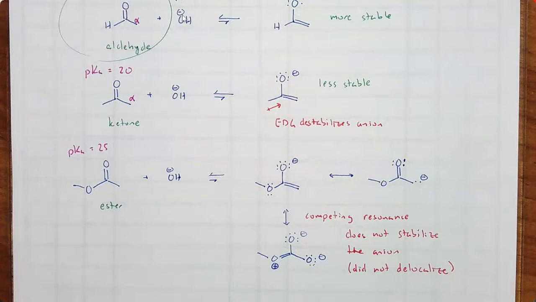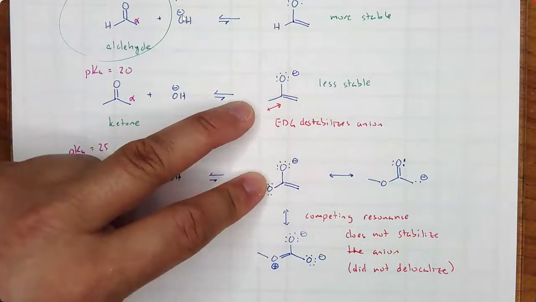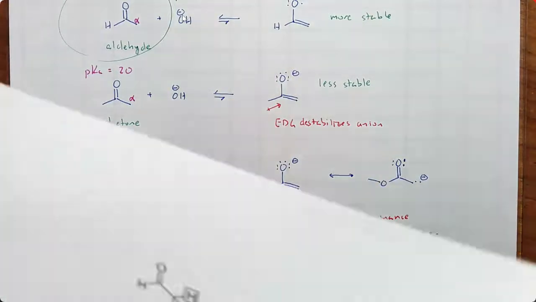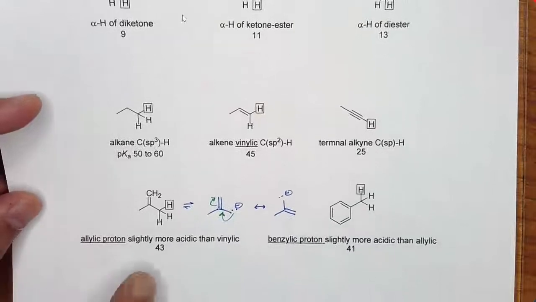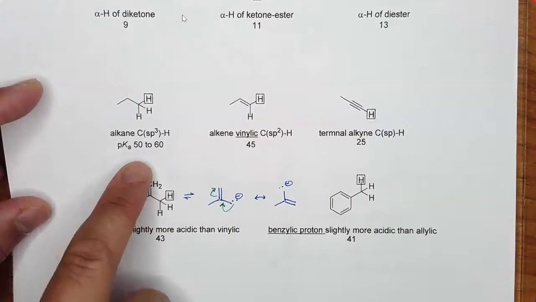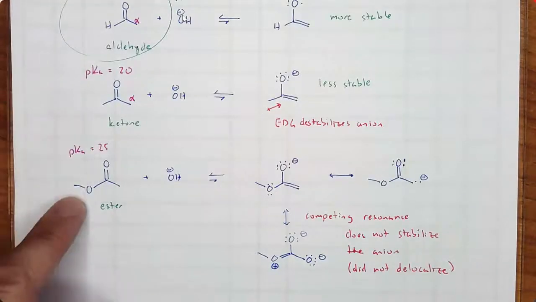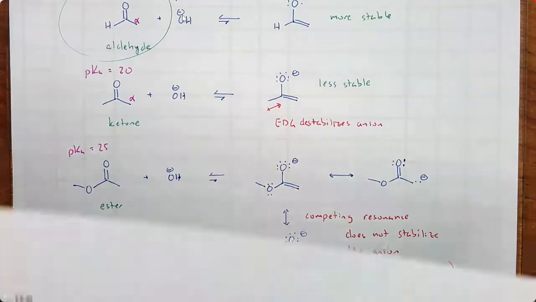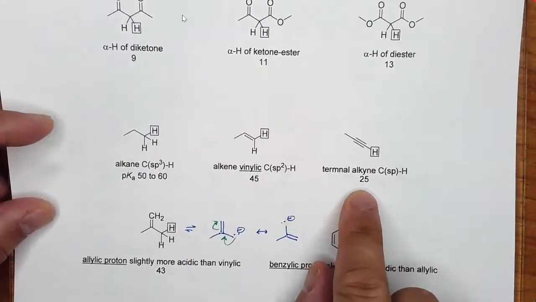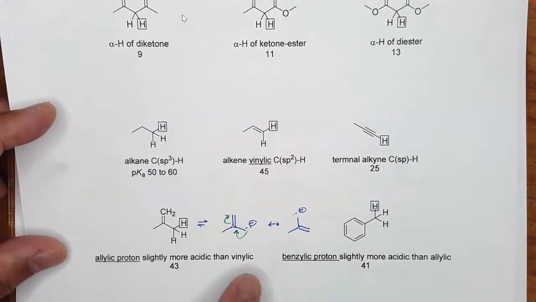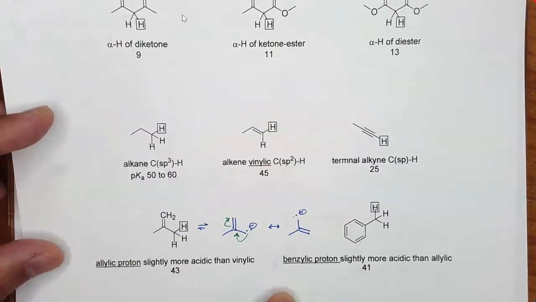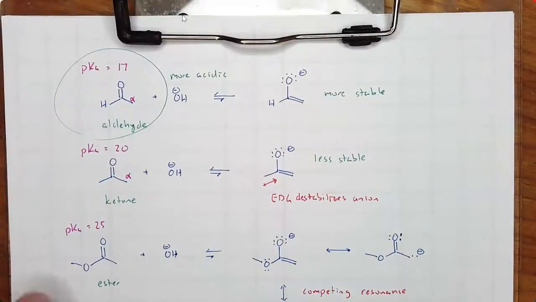I know that I am focusing on, again, how are these conjugate bases destabilized, but still the fact is these conjugate bases are actually more stabilized than any of the conjugate bases you could get from these molecules. See how the pKa's are still higher than any of the pKa's that we have here. Maybe ester, okay, is a little bit close to the alkyne, but all the other ones, they're definitely much, much higher than any pKa's that we see for our carbonyl compounds.